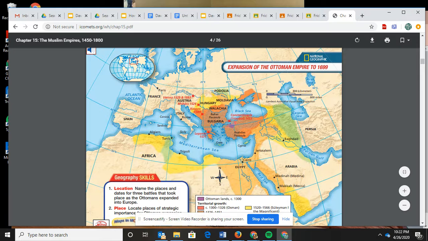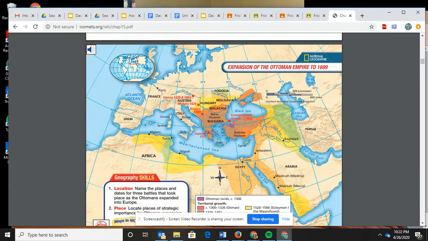Constantinople is right here. Today it is Istanbul. It was named after the Emperor Constantine, and it was the eastern half of the Roman Empire, and that is why it is so important. The Ottomans were Turks.